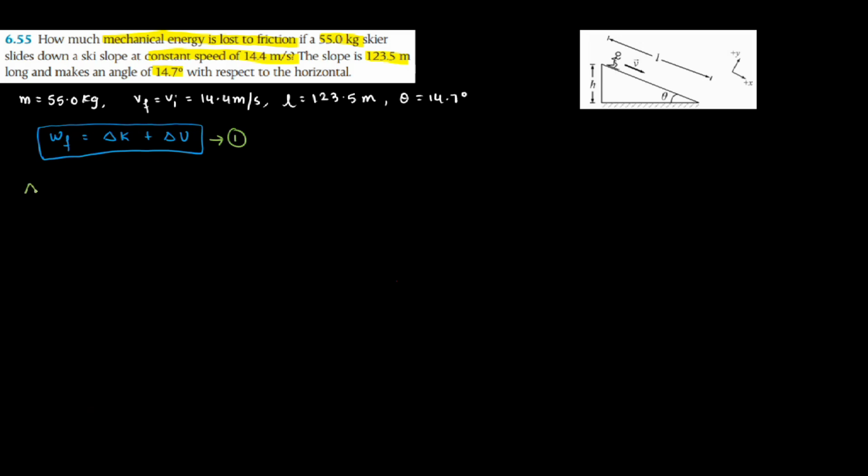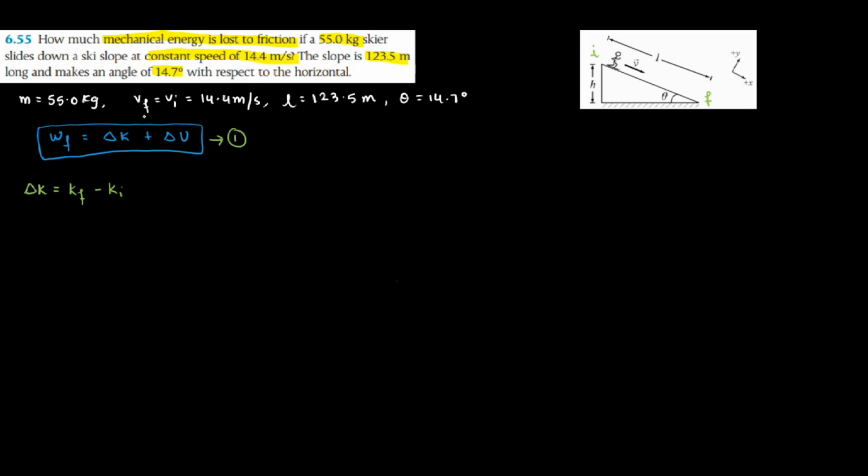We write delta K as the final kinetic energy minus the initial. My initial point is the start of the motion on the top of the ski slope. I will call this initial. And my final is at the bottom. The question mentions that the speed is constant.